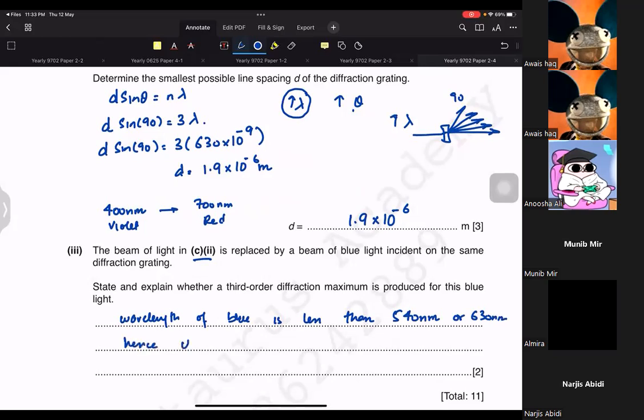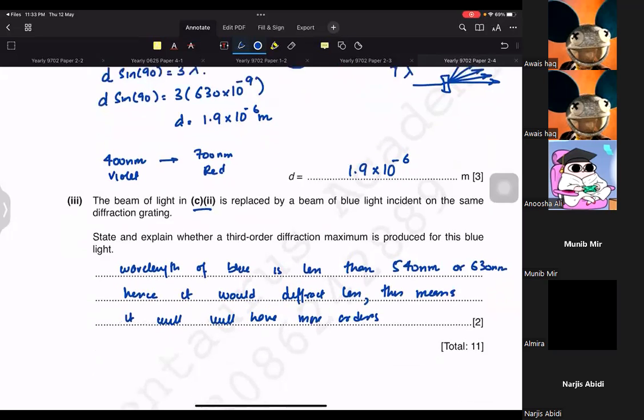Hence, it would diffract less. This means it will have more orders, a larger order than 3 if you want to write it.